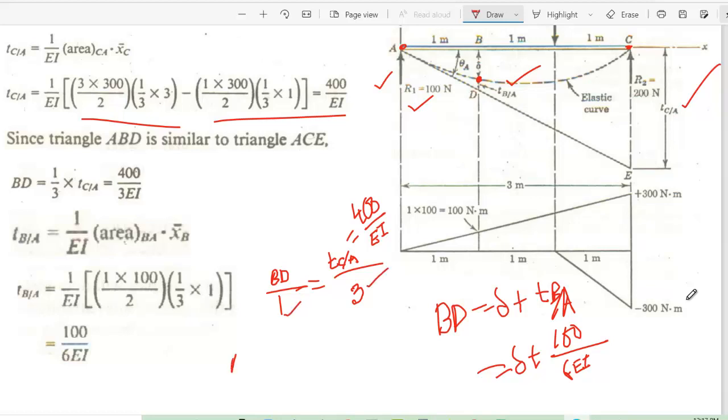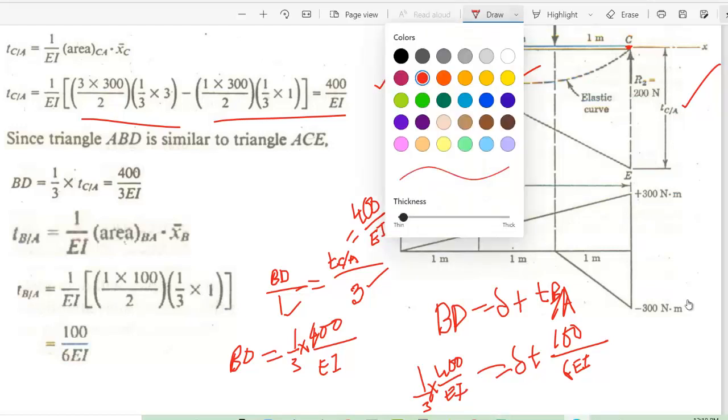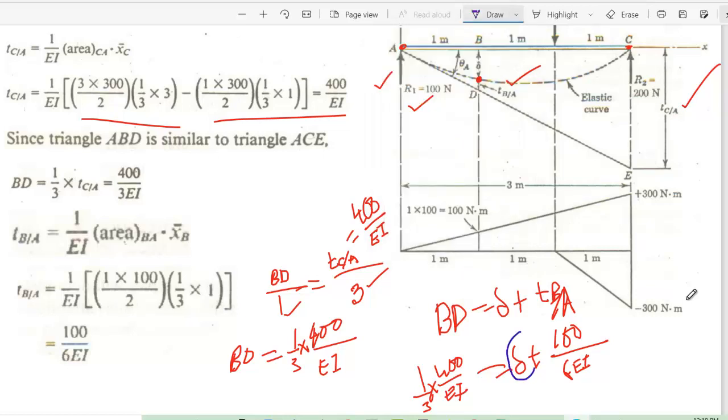So BD equals 1 by 3 into 400 by EI. Now put the value of BD here: 1 by 3, 400 by EI. Now have a look. Everything is known to you, only del is unknown.